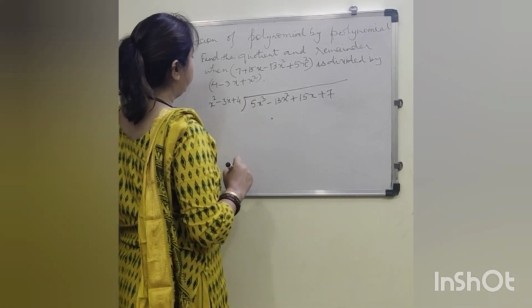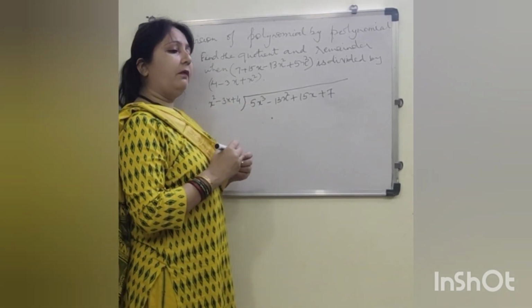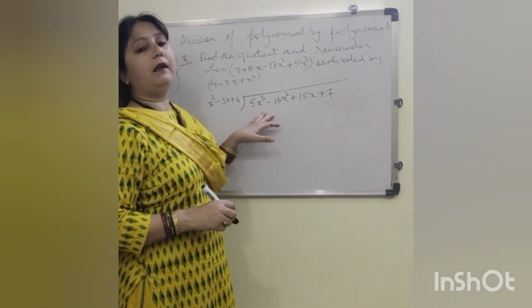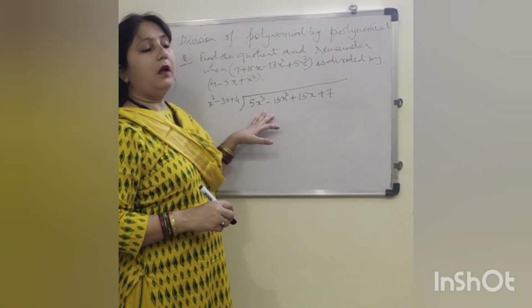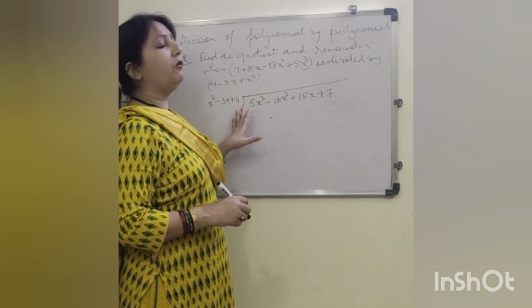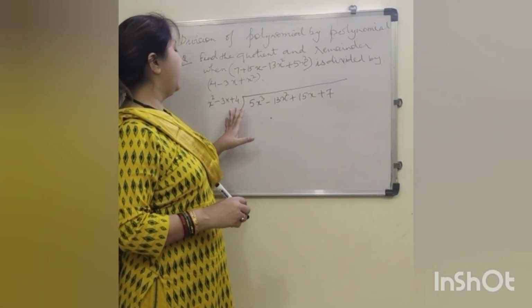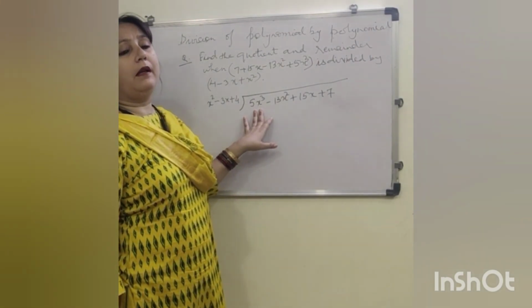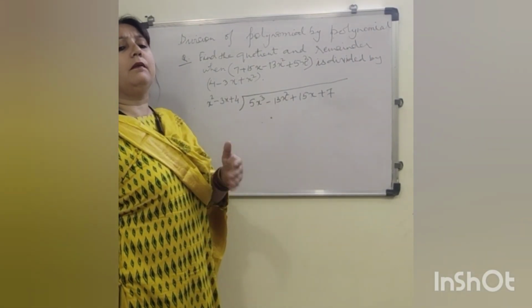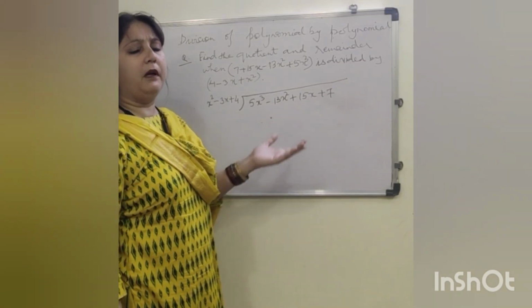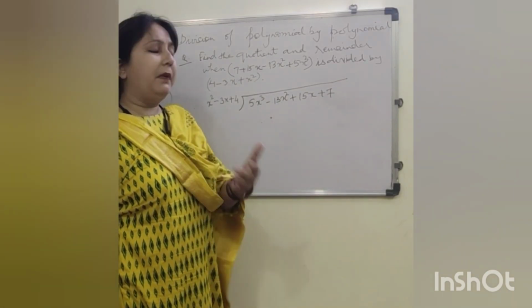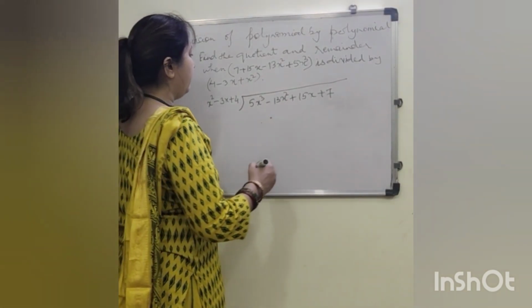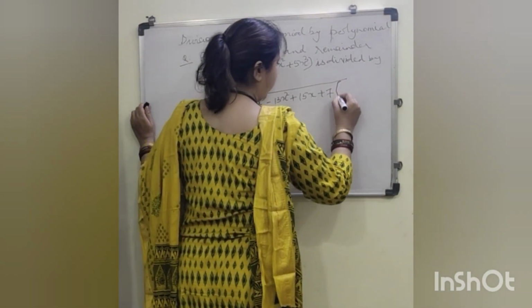Fine. Now concept will be same. We start removing the highest power term. No matter how many terms you have in divisor, here we take care of the highest power term. The rest of the terms will come when you multiply, but we will write them below, like terms under like terms.